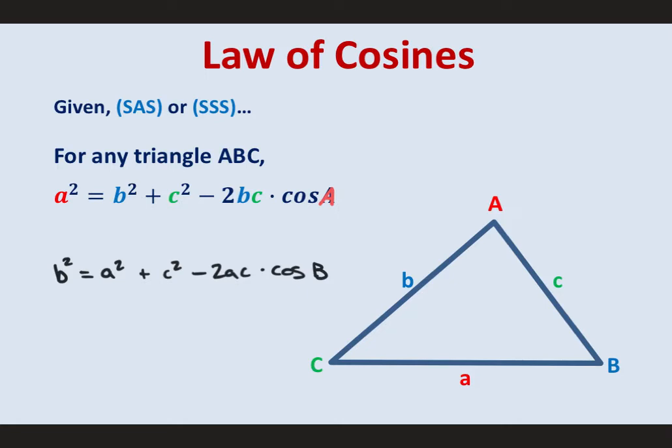I can write the formula any way I need for my circumstances. So this is the law of cosine. It's a little bit more complicated looking a formula, so it's a little bit more challenging than the law of sines, but it works just as well. Let's go ahead and put it into practice.